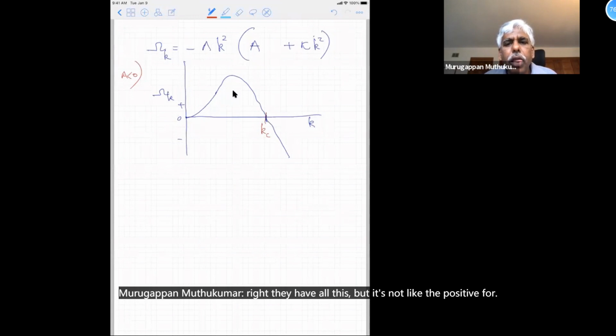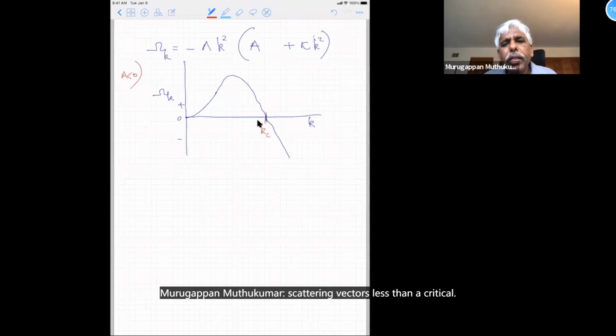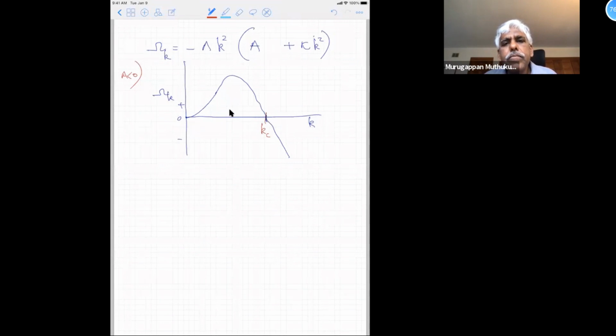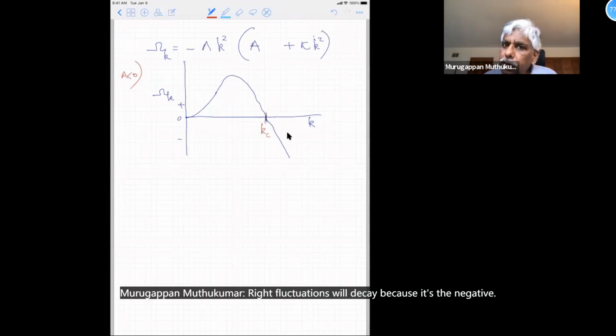For scattering wave vectors less than k critical, fluctuations will grow. For scattering wave vectors larger than kc, fluctuations will decay because it's negative.